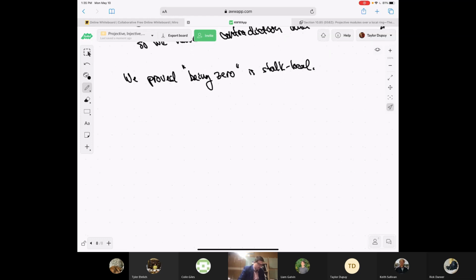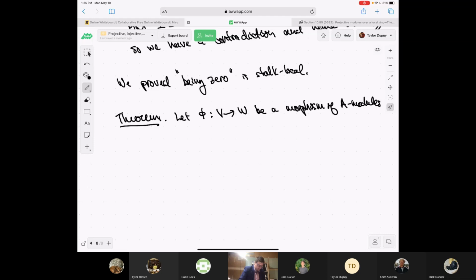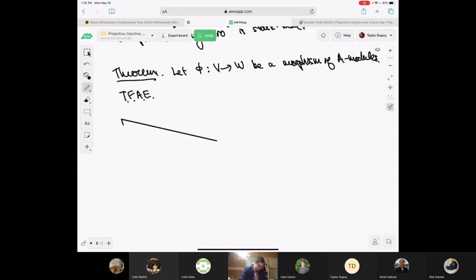Okay, so now let me do another lemma or theorem. I guess we'll call these theorems today. Let phi from V to W be a morphism of A modules. The following are equivalent. One, phi is injective.